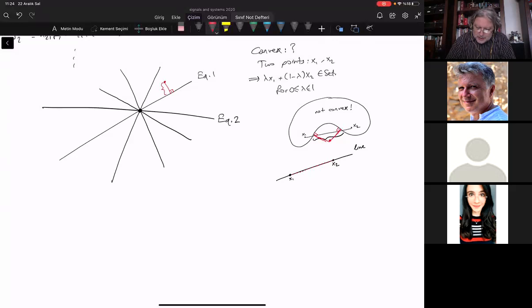Now, after the projection, you come here, which obeys equation number 1. Then from here, you make a projection to equation 2, for instance, again an orthogonal projection. Now you obey equation 2, but obviously you don't obey equation 1, but you are closer to the intersection point in terms of the Euclidean distance.